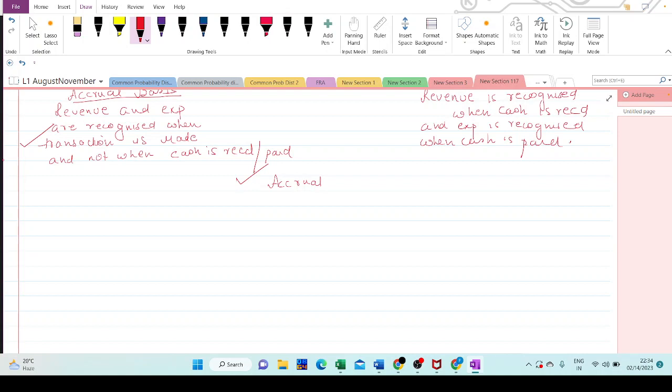So it gives us a fair picture of the profit or loss the company would make in a given time period. That is why we are more interested in the accrual basis.